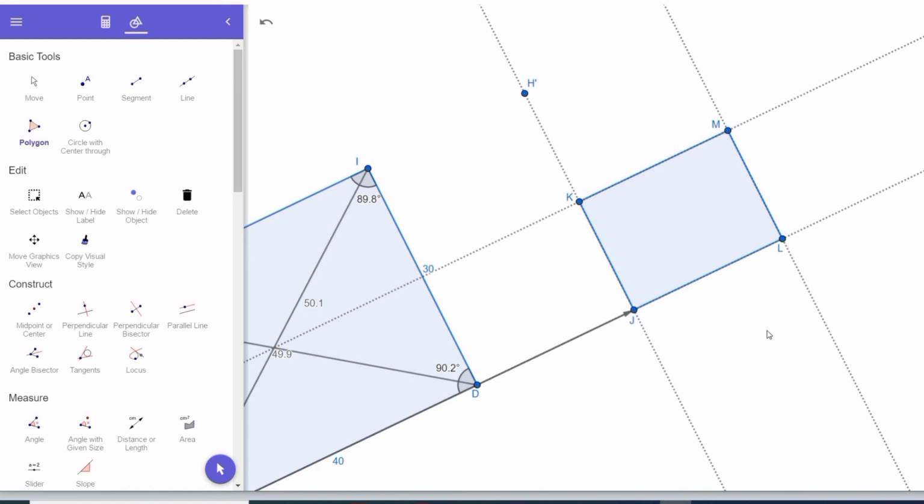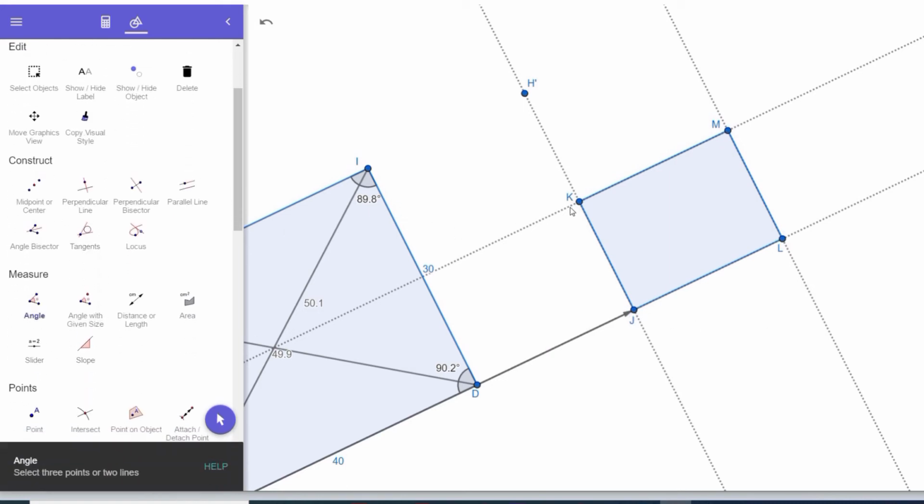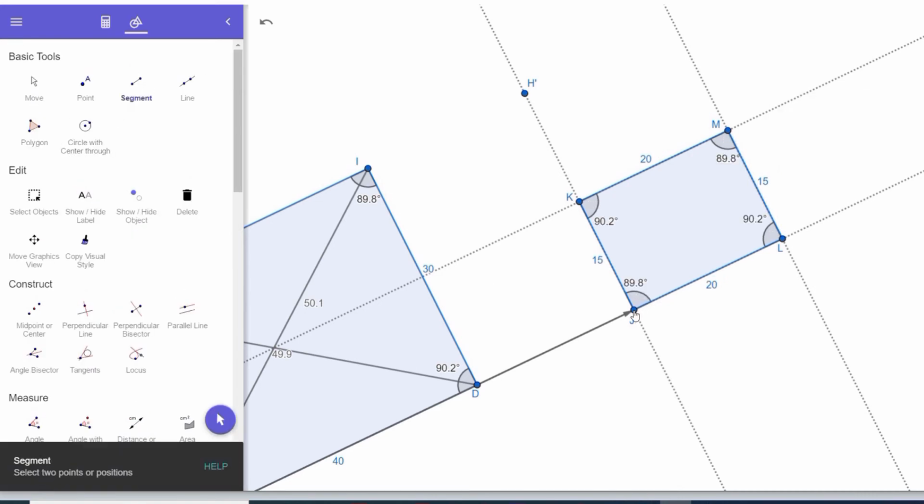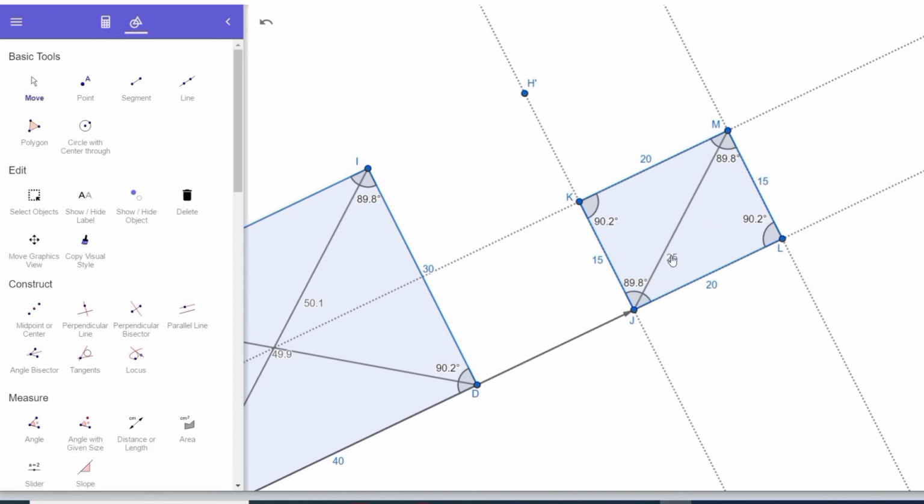Now let us show the angles and also the length of the sides. Now simply by looking and comparing, we can say the newly constructed parallelogram is at the scale of 1:2 or half the size. Now let us mark the diagonals and show their lengths also.